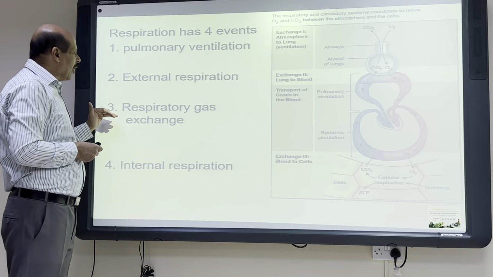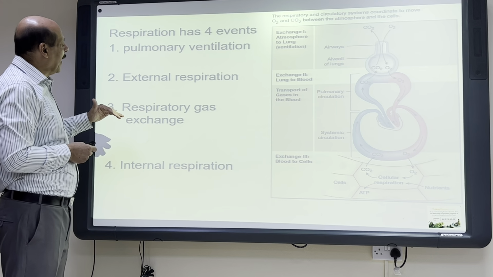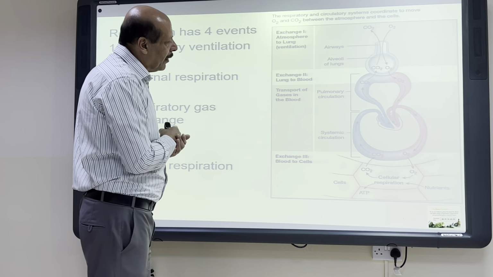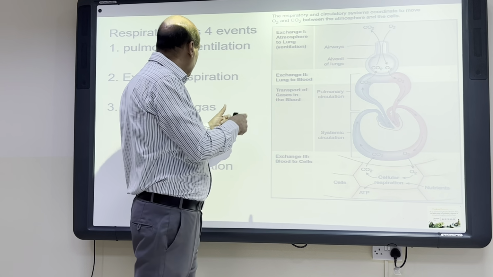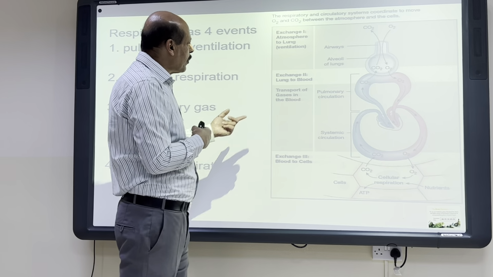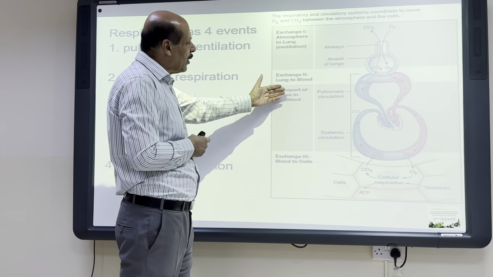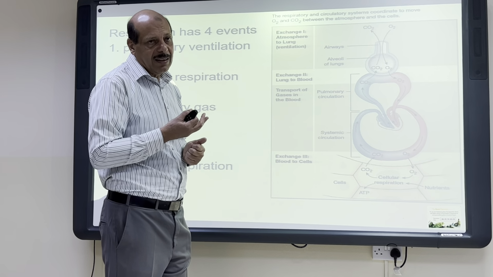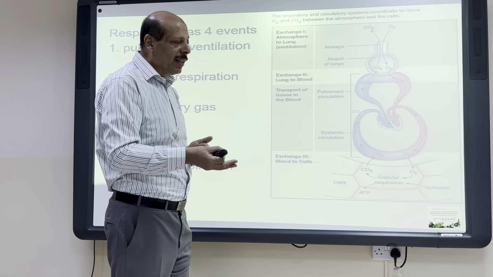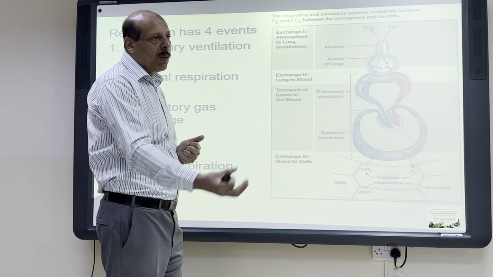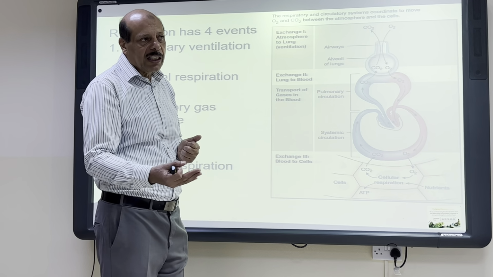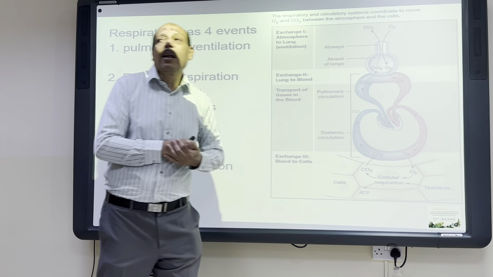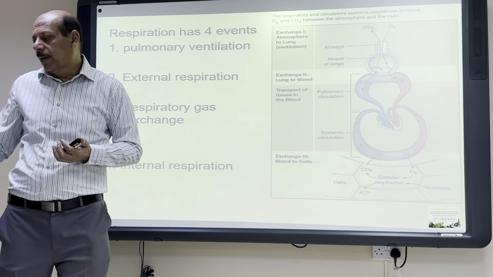The respiratory gases exchange will happen in both. The transportation of gases is through the blood vessels, through the arteries and veins. The arteries will carry the oxygenated blood, and the venous blood will return the non-oxygenated blood.